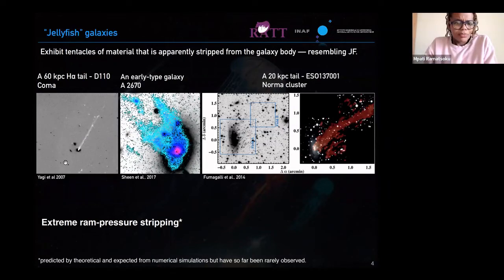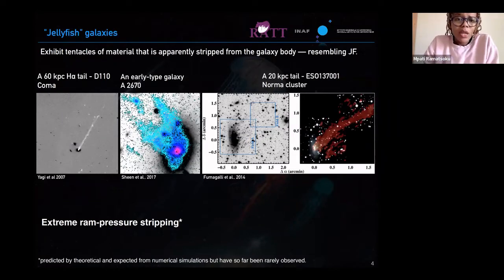There's also a jellyfish in the Coma cluster, which is a very huge galaxy cluster. Actually, the Coma cluster and the Norma cluster are very huge galaxy clusters of masses 10 to the 15, so they're quite comparable. And here we also see this huge H alpha tail in a galaxy called D100.